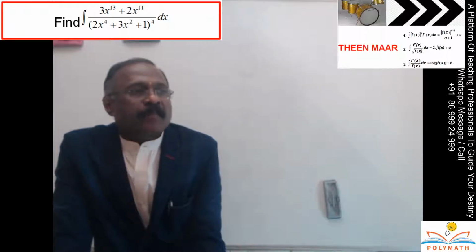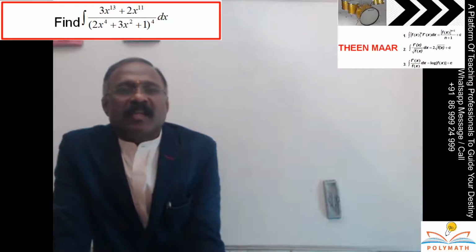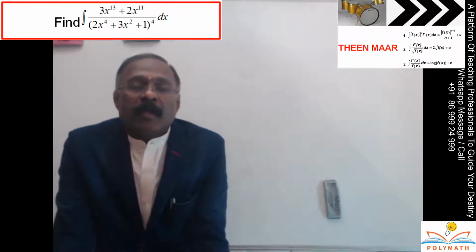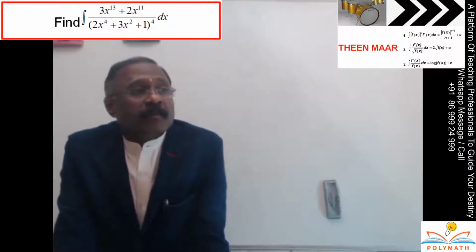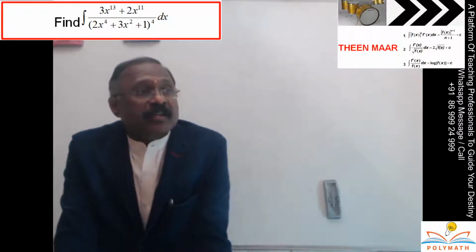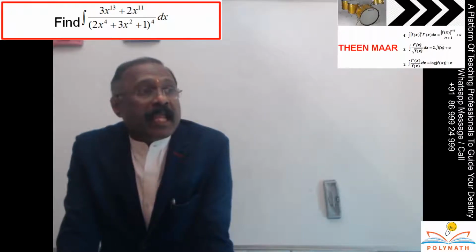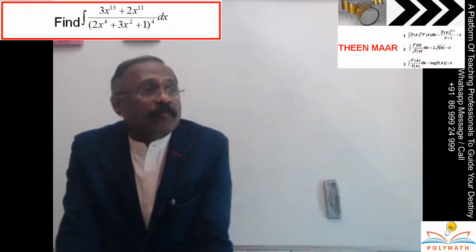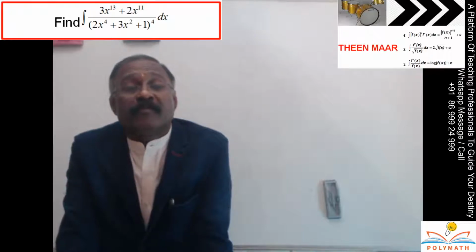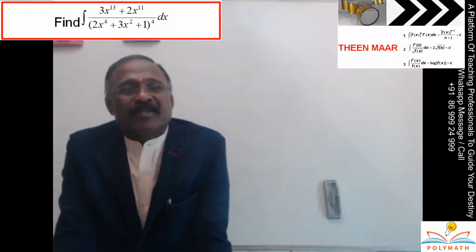X power 11 divided by x power 16 becomes 2 by x power 5. So, if you see the integral of 1 by x power, whatever the numerator is there, if you see its integral, you will have the same term in the denominator.